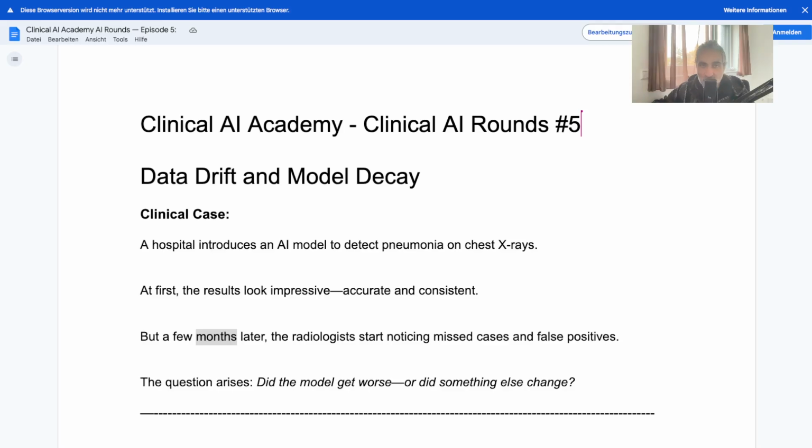So for example, in the case of imaging, maybe you have a system upgrade, like a PACS upgrade, or in EHR-based models, you have new coding systems, or maybe the documentation patterns that you're using in your department changed.